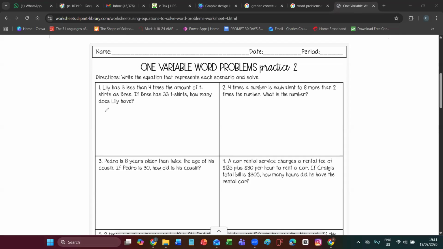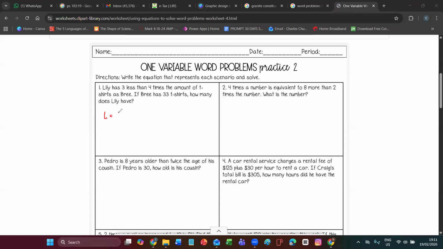So the first one, if we use L to represent what Lily has, right? Yes, sir. So three less than four times the amount of t-shirts that B has.